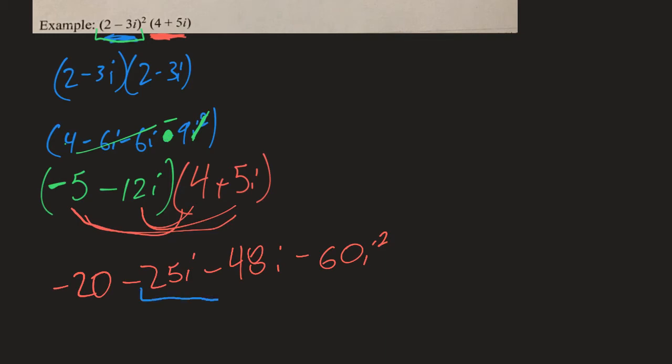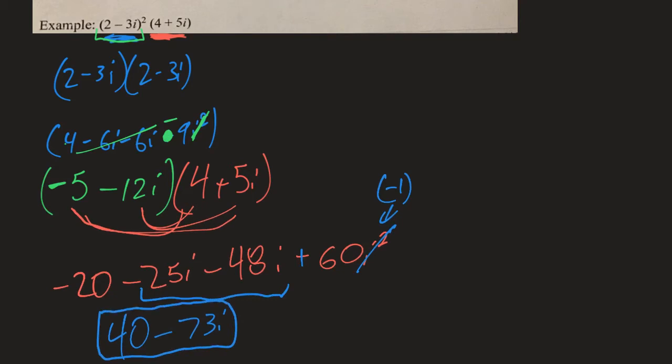So middle two pieces will combine, and we should get this is negative 73i. I squared, again, this is just negative 1. So that's going to flip my sign. Negative 20 plus 60 becomes 40. And here is my final answer, 40 minus 73i.